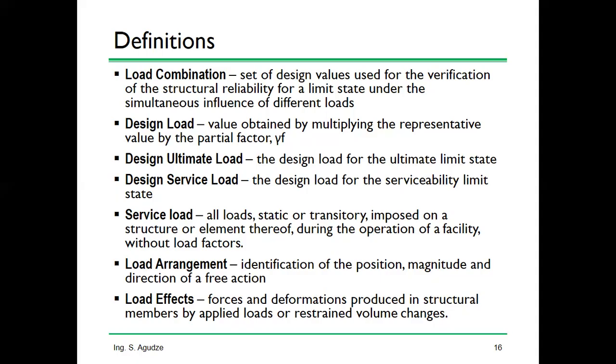Imposed load and the rest are no more. So in design, you try to see which of these loads can be acting at the same time. And that's what we call the load combination. And it should be designed in such a way that any combination of these loads that may be acting at one point, the structure should be able to resist.